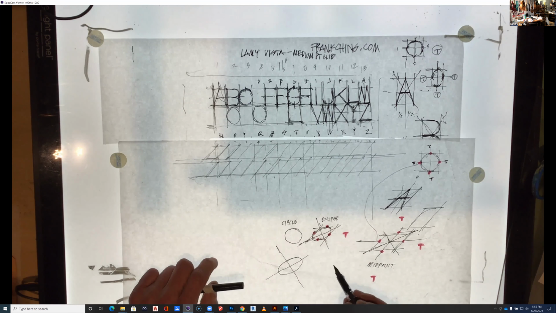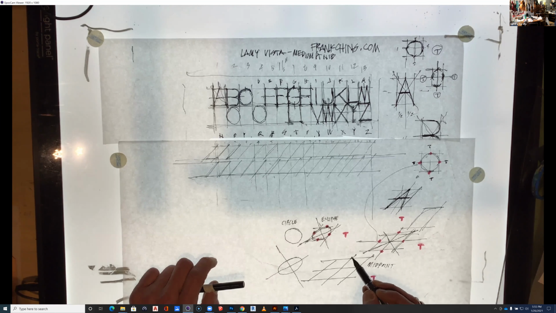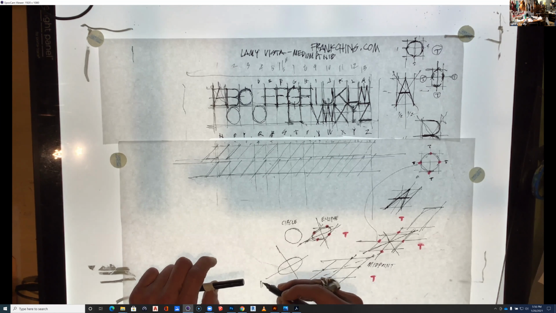But what happens? I'm drawing the major axis and the minor axis, right?